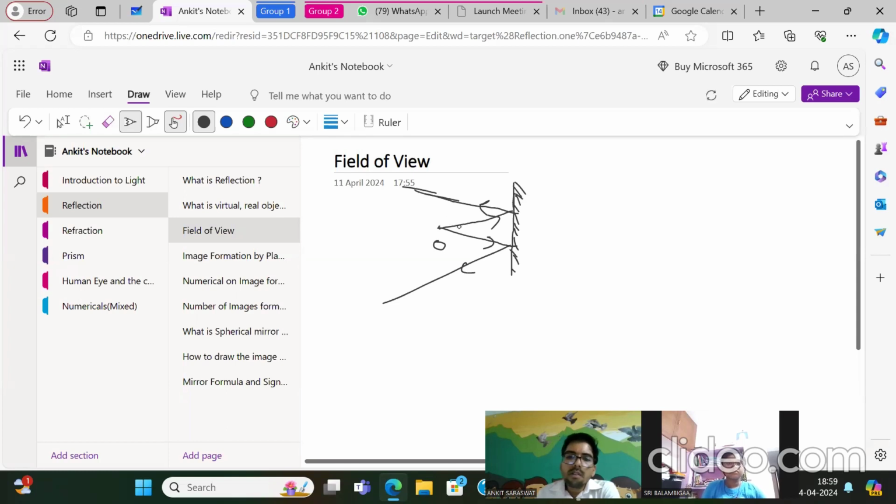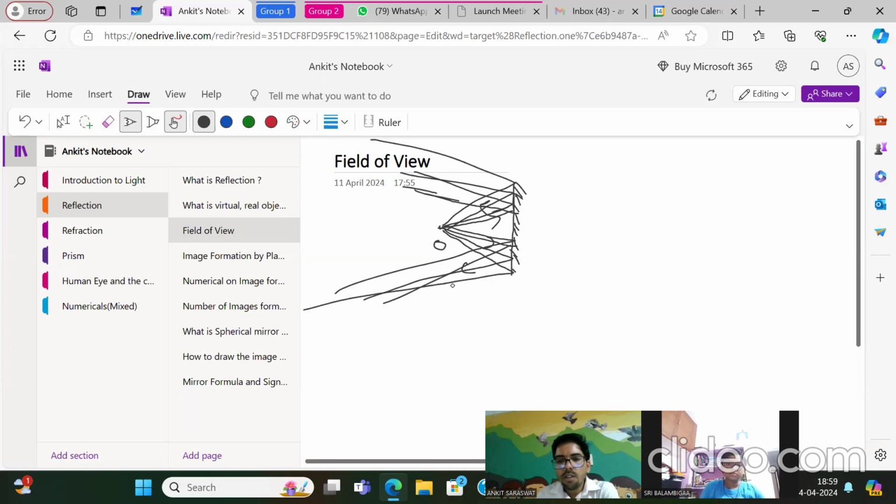But there are not only two rays, so many rays. So many rays will strike and reflect. Clear? Yes, sir. So the rays which are striking at the end, that is the ultimate last ray.